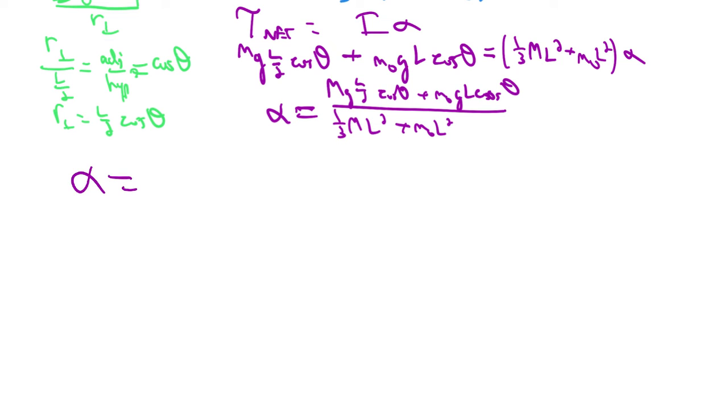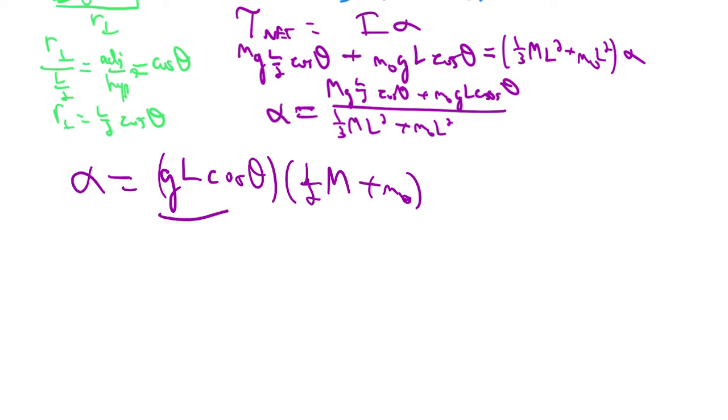Alpha is, let's pull out a g and l and a cosine. So I have g, l, cosine theta. And then what's left over is a half big M plus m0. And then we divide that by, let's factor out an L squared. And we have 1/3 big M plus m0. And then we do some cancellations.